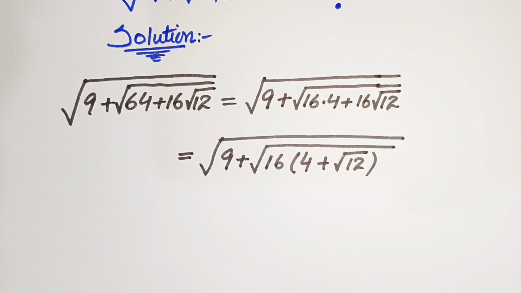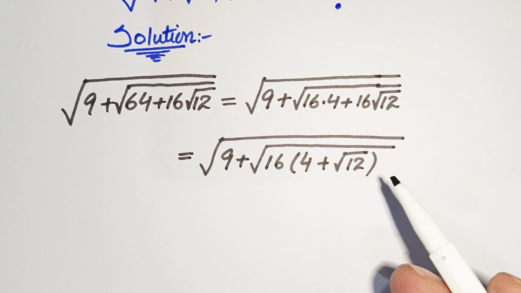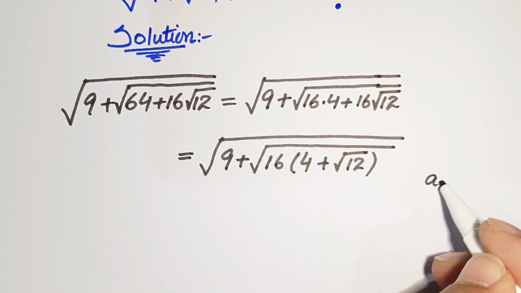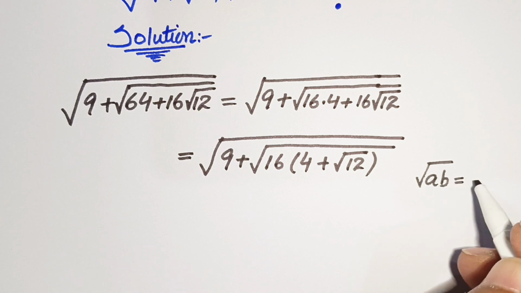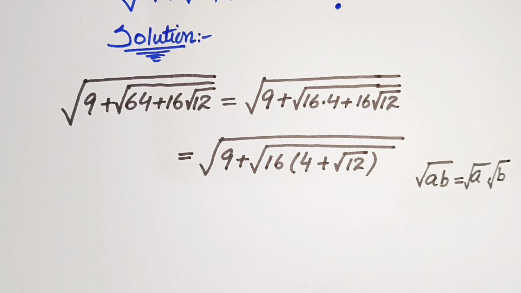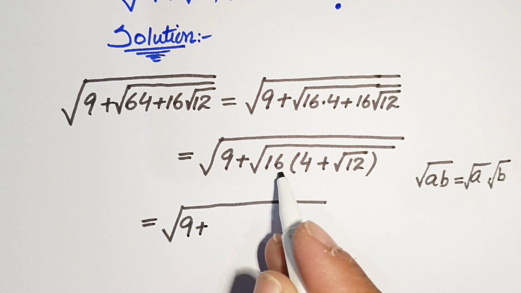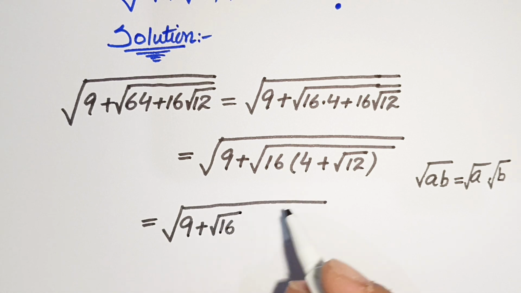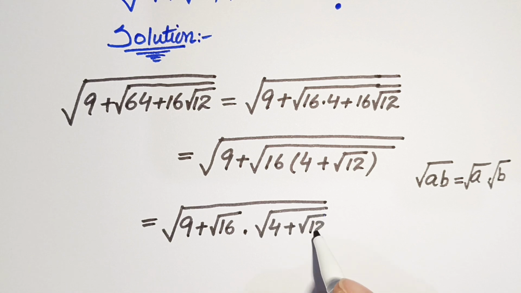Now our next step is, if we write this 16 separately and 4 plus square root of 12 separately under square root, then we will use this formula: square root of a times b is equal to square root of a times square root of b. So now it will be square root of 9 plus square root of 16 times square root of 4 plus square root of 12.